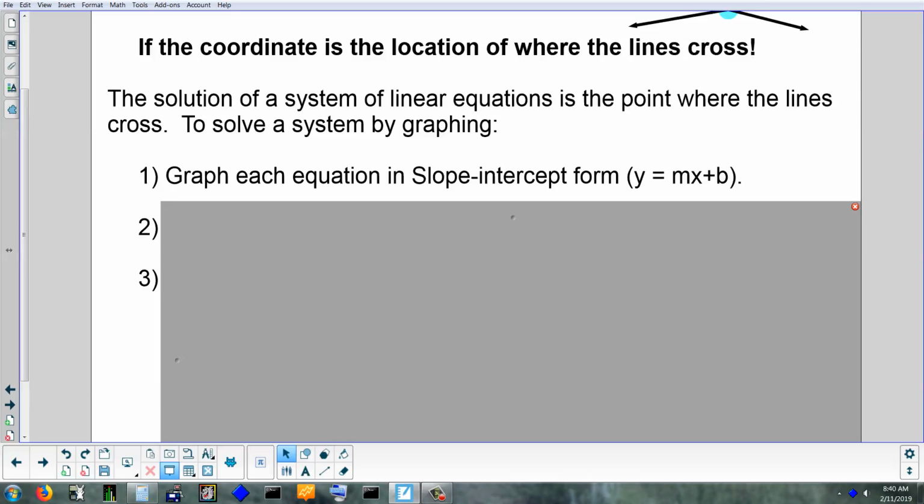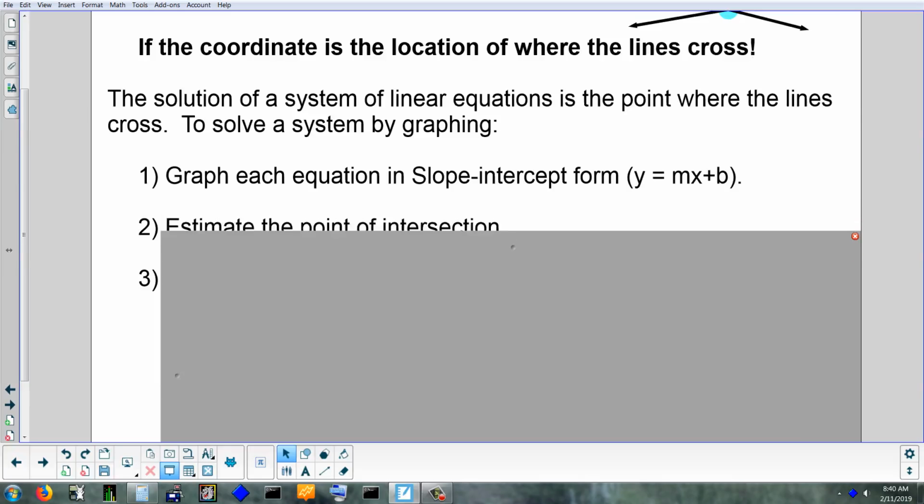They both have to be in y equals mx plus b. In both equations, y has to be by itself. 90% of the time, guys, for the stuff we do this week, y will be already by itself. It'll already be in slope-intercept form. You can just go ahead and graph it. We probably won't get into having to rearrange anything. We might, but chances are we probably won't. So make sure it's in slope-intercept form. Y equals mx plus b.